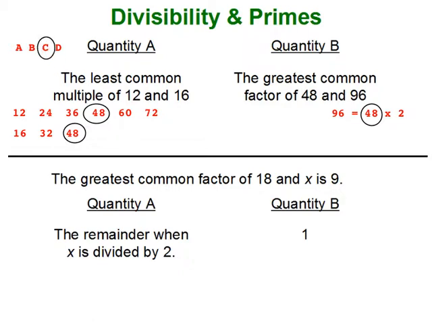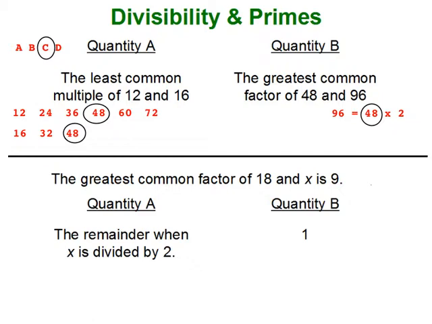Now, for the second problem, greatest common factor of 18 and x is 9. So on our first attempt here, or our first sort of strategy for the problem, we might just think, okay, so both 18 and x are multiples of 9, but x can never also have a factor of 18.